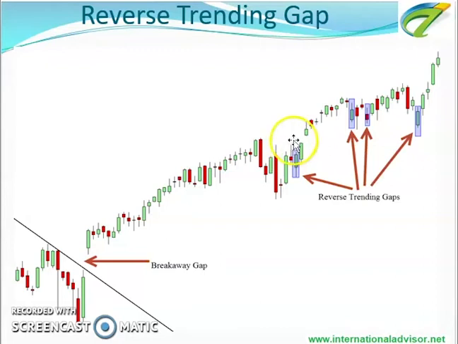So here you can see once it starts, this one, this is the gap which is in the reverse direction. The candle was down but it opened up. Likewise here, all these are examples of reverse trending gaps, and all of these are filled. If you see, it filled next day, next day, next day, again next day. So these are high probability filling gaps.